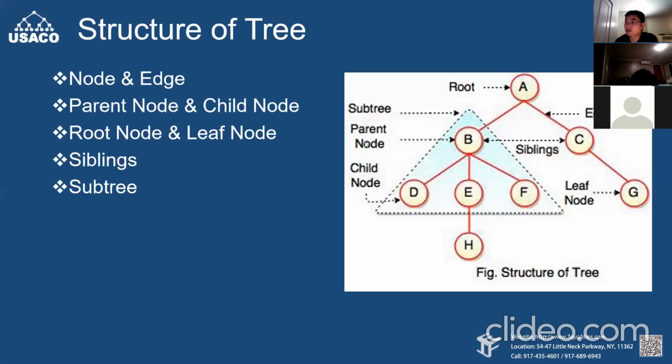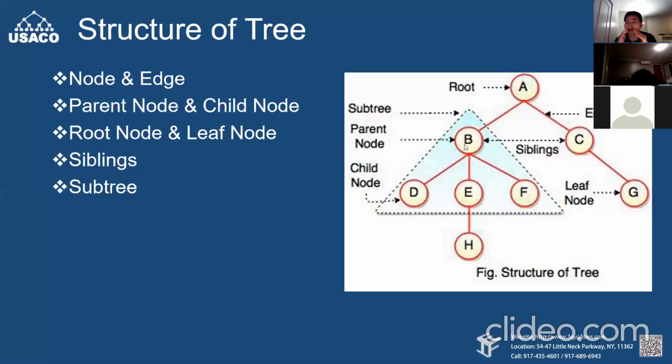You may ask me, why is B labeled as a parent node in the diagram? Because this parent node is related to B's child nodes, D, E, F. You can see the whole diagram as one tree, but within this one tree, there are different subtrees. You see this triangle? This is a small part of the whole tree, and we call it a subtree.